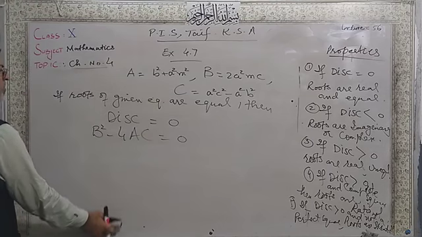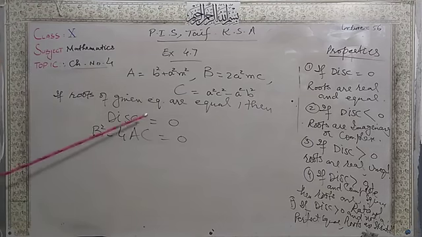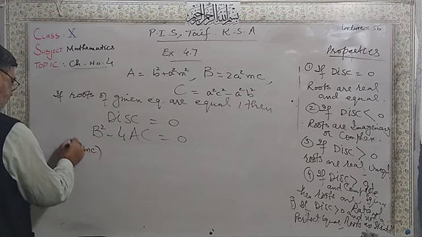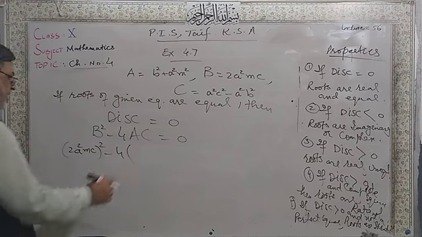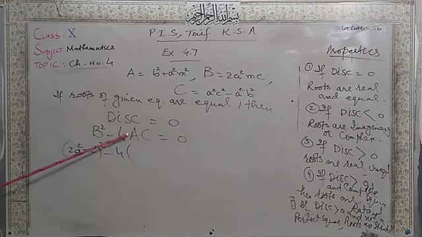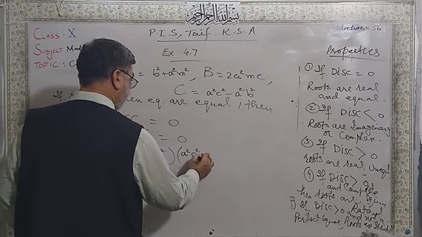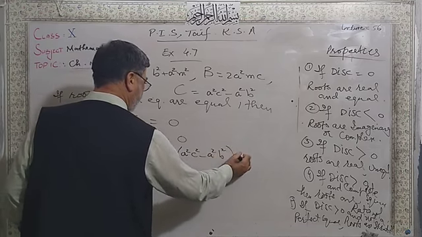We will apply the values. This will be equal to 0 if roots are equal. Here is (2a square mc) whole square minus 4 into what about A? A is b square plus a square m square and C is a square c square minus a square b square, is equal to 0.